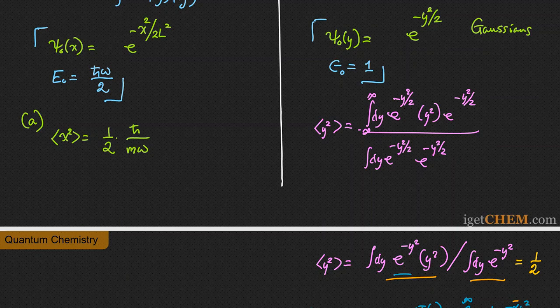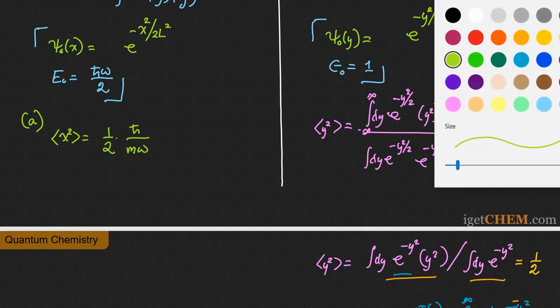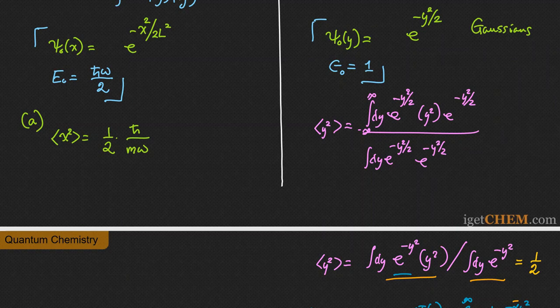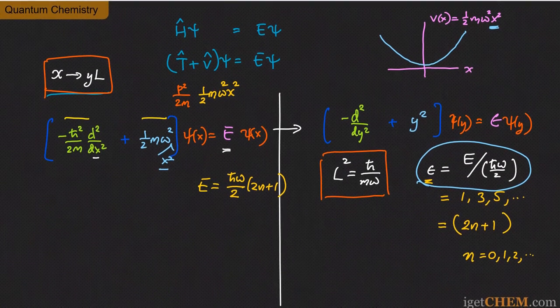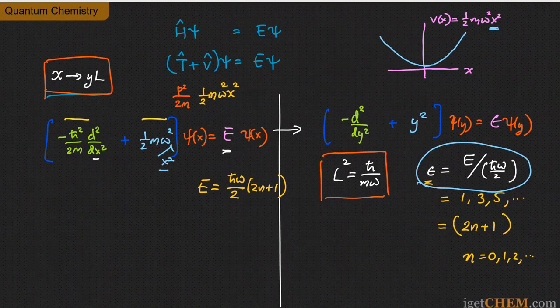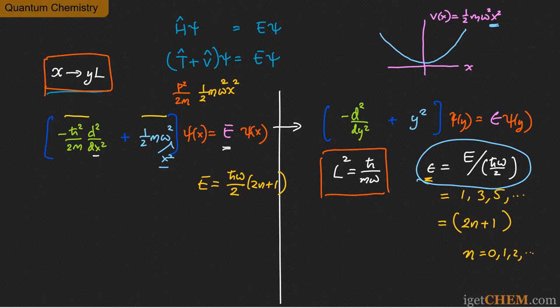The second one we need is the average of x, the expectation value of x. Well, that's actually very simple. That is equal to 0. The reason is obvious, because the potential for this problem is completely symmetric.